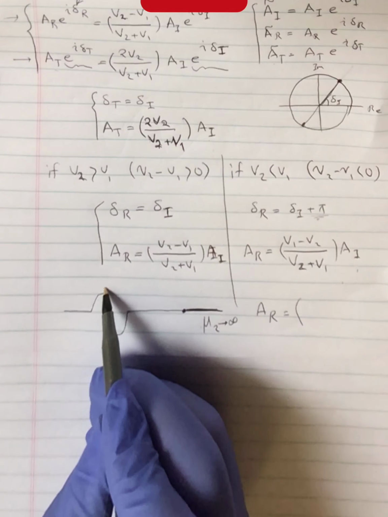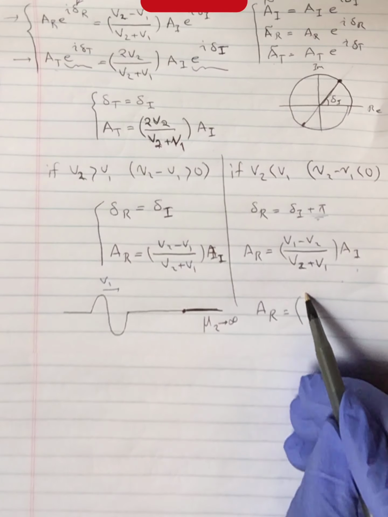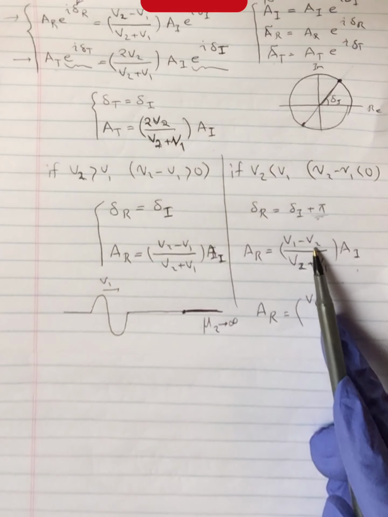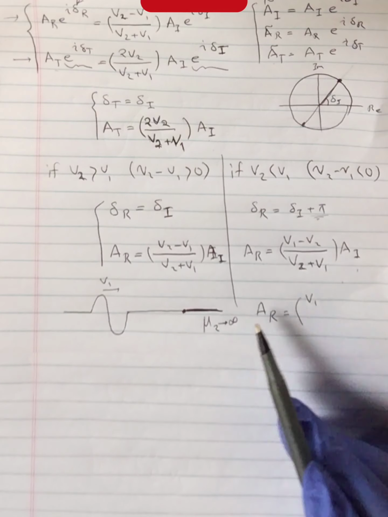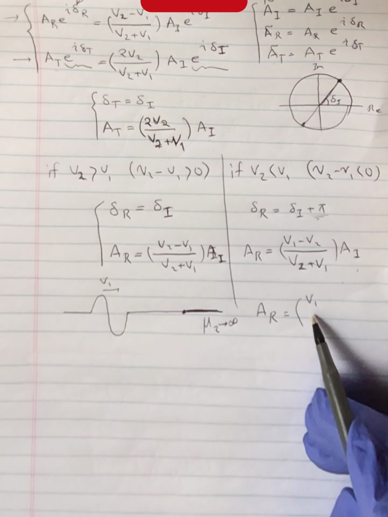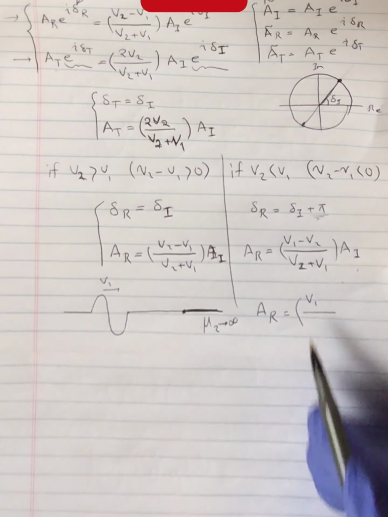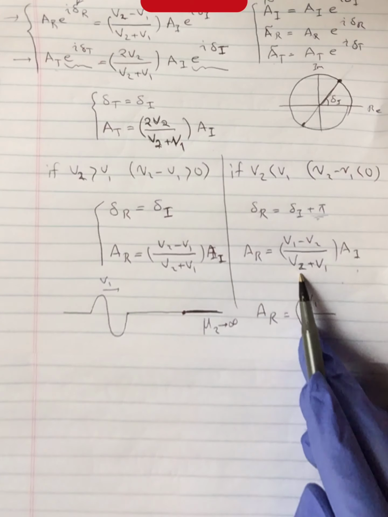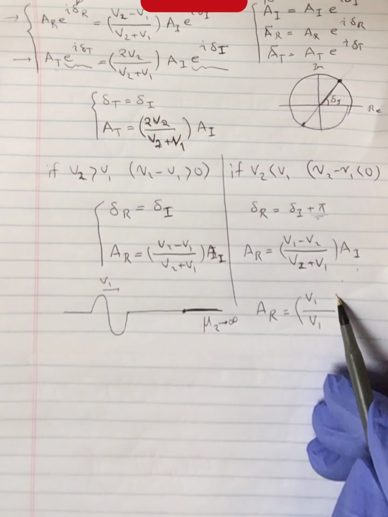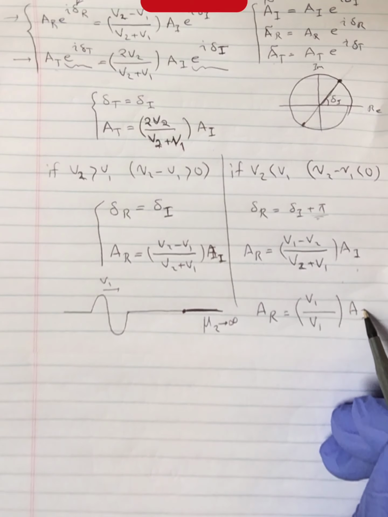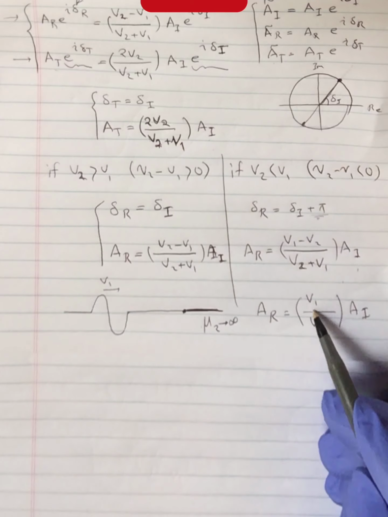V1 is the velocity of the wave coming in, and V2 is the speed on this side. If mu2 goes all the way to infinity, V2 becomes 0, so in the numerator we just get V1, and in the denominator we get V2, which is 0, plus V1, so we get V1 as well, times AI. So this ratio is 1.